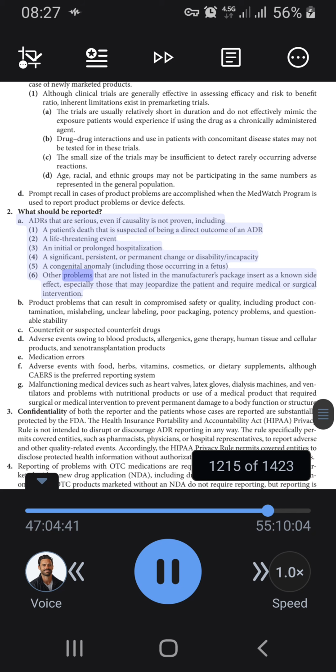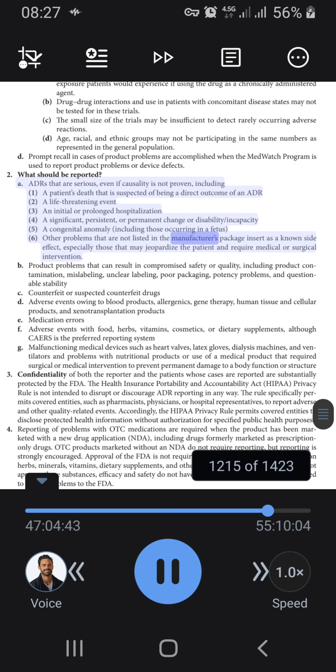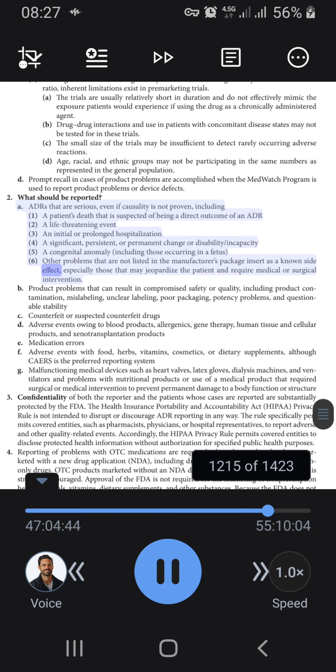6. Other problems that are not listed in the manufacturer's package insert as a known side effect, especially those that may jeopardize the patient and require medical or surgical intervention. B. Product problems that can result in compromised safety or quality, including product contamination, mislabeling, unclear labeling, poor packaging, potency problem, and questionable stability.